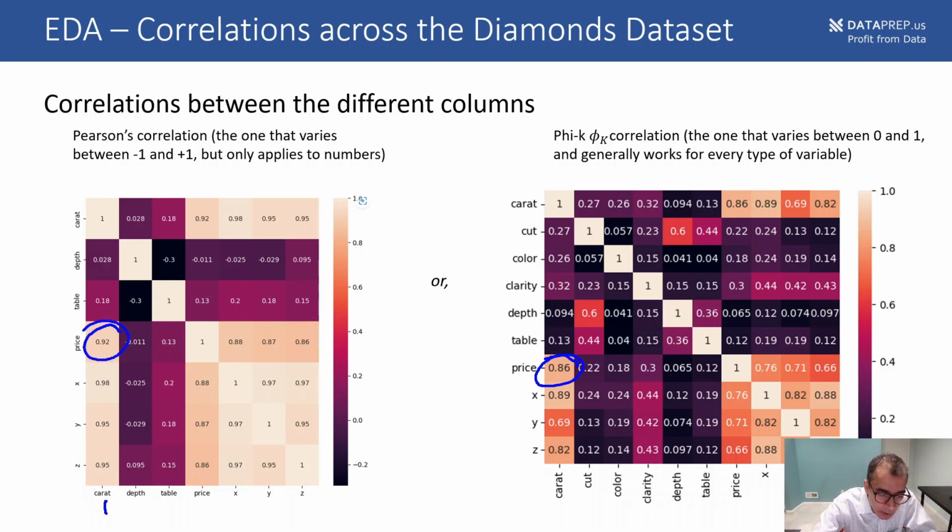My carat and my price have a high correlation very close to 1. So that means things are driven very strongly by the weight. And I can also see my weight is very highly correlated to the dimensions of my diamonds, which means that larger dimensions make for a heavier diamond, and that is of course common sense.